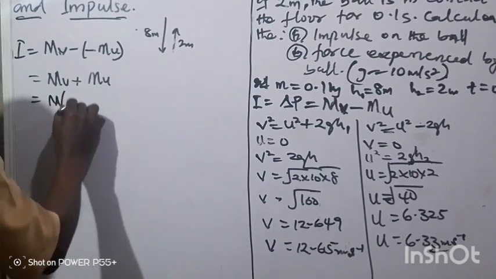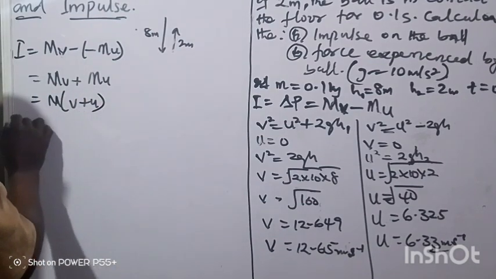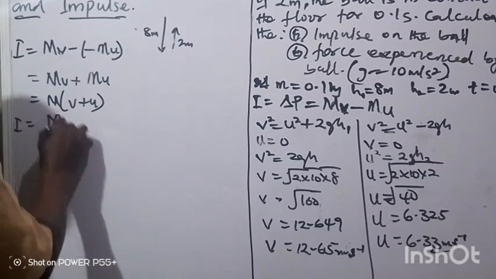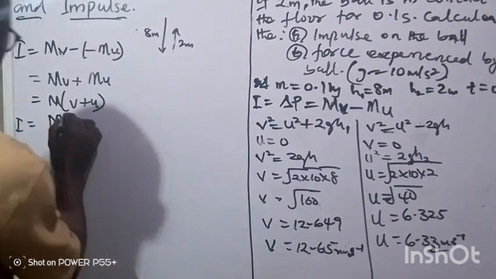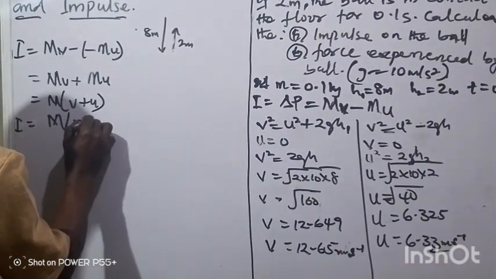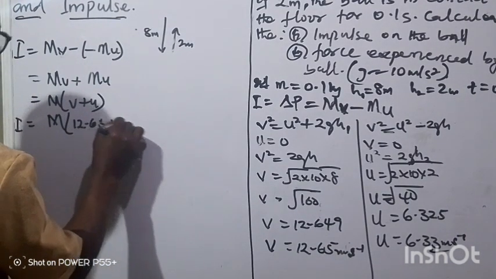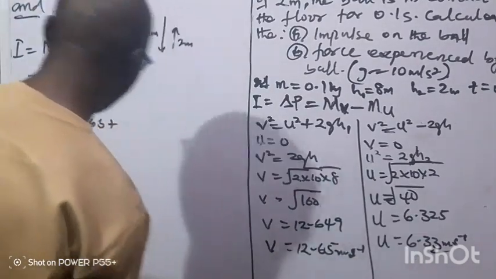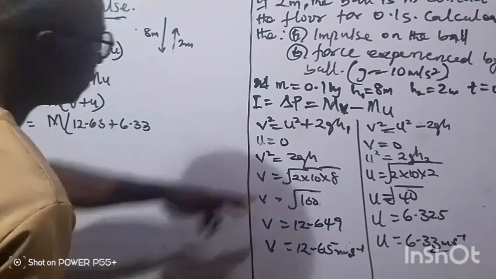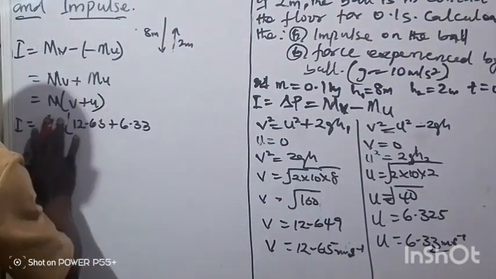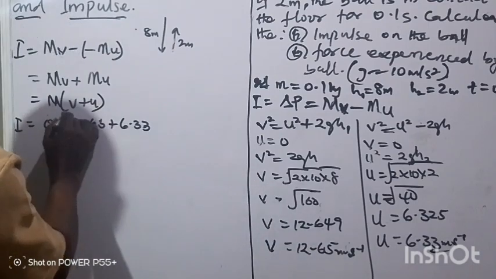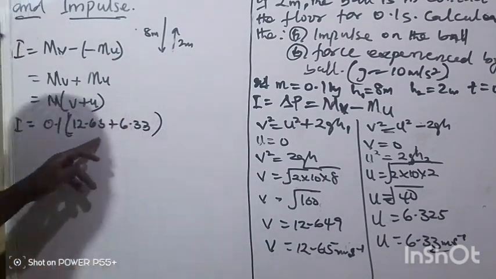So here the change in momentum or impulse will be equal to, since v is known as 12.65 plus the u we calculated, 6.33. Then m is already given on the board. So we can now say 0.01 kg into bracket 12.65 plus 6.33.